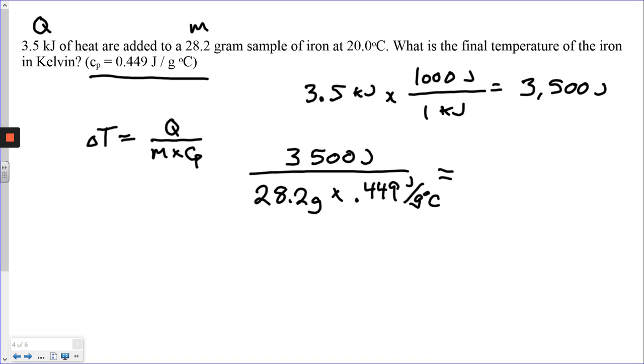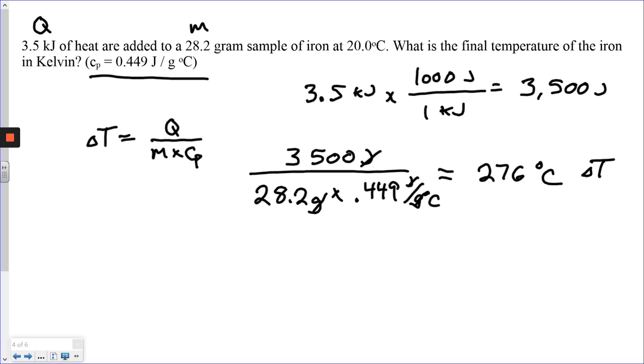So when I solve for this, here's what I get: 276. And here we see that joules cancels joules, grams cancels grams, so the only unit I'm left with is degrees Celsius. Remember, we weren't actually solving for final temperature here. We were solving for change in temperature. So our temperature changed by 276 degrees Celsius.